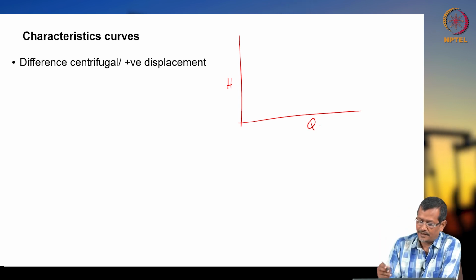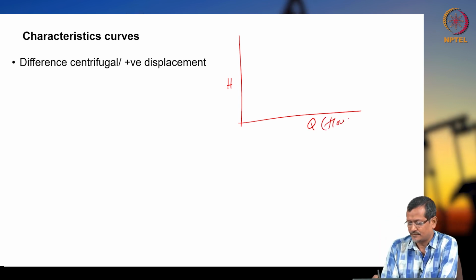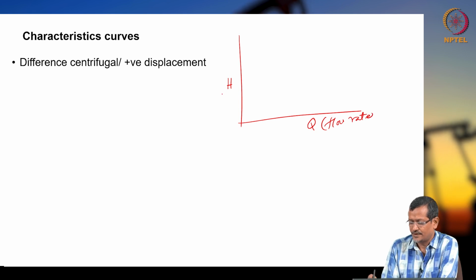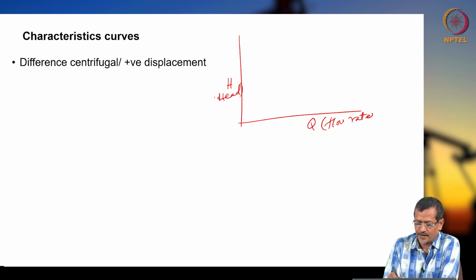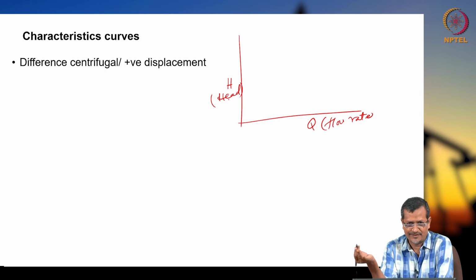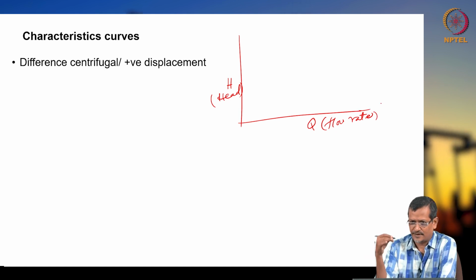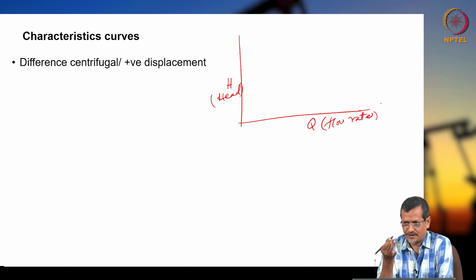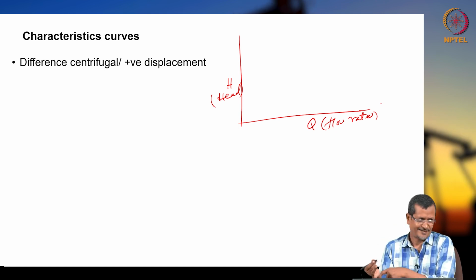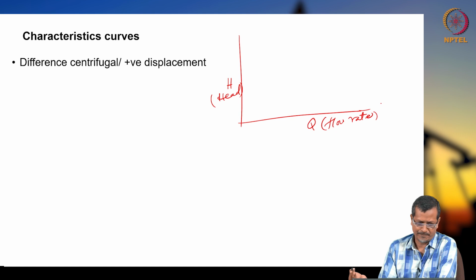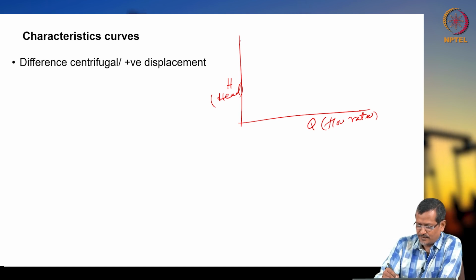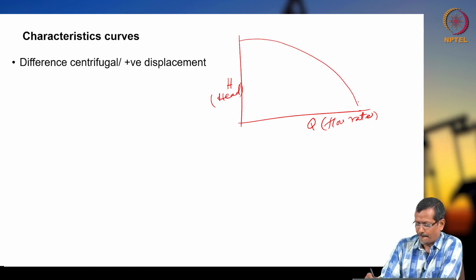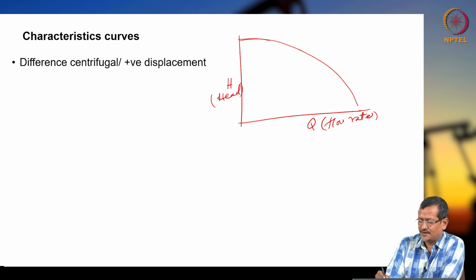This is flow rate, and this is head, normally in meter of water column. Flow rate, if you are using SI units, will be meter cube per second or meter cube per minute or per hour. Then the curve will normally look like this. Okay, it starts horizontally, and finally it comes to almost 0.